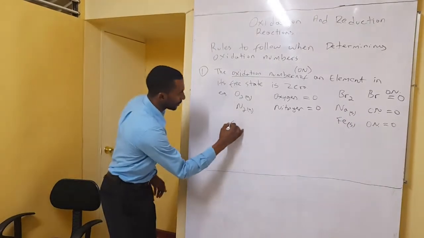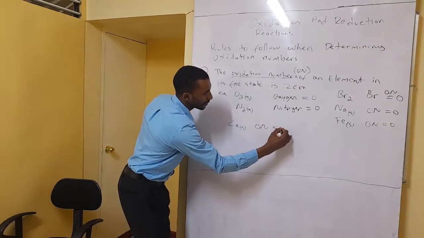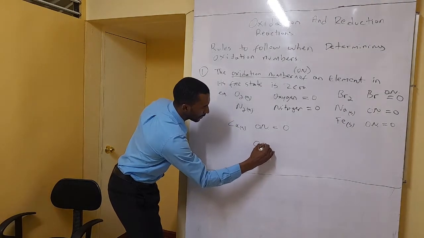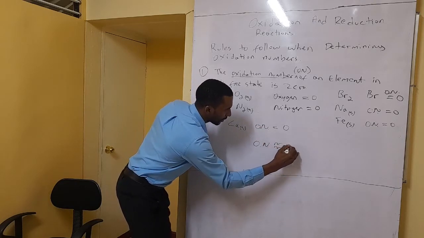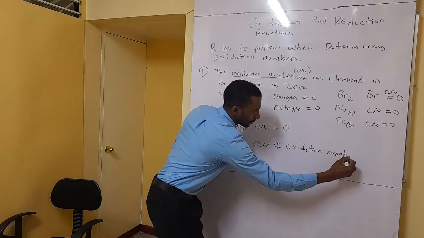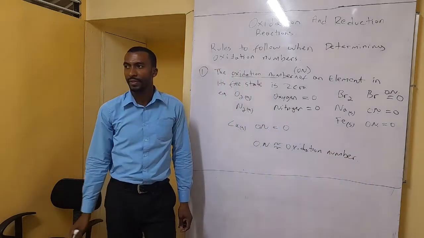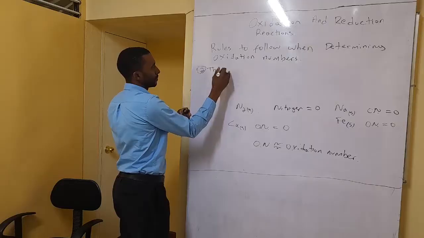If you have copper, solid, oxidation number equal to 0. So O.N. stands for oxidation number. Following? Good. Alright, let's move on to rule number 2.